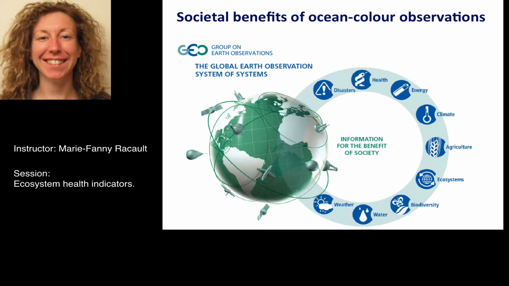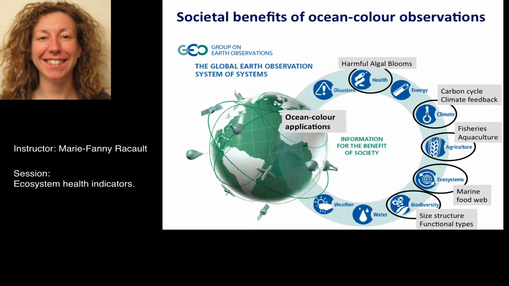Okay, I think this slide has not been shown. So ocean color radiometry: we derive primary products. What kind of primary products? I think Trevor mentioned this morning apparent optical properties, water-leaving radiance, reflectance, absorption.